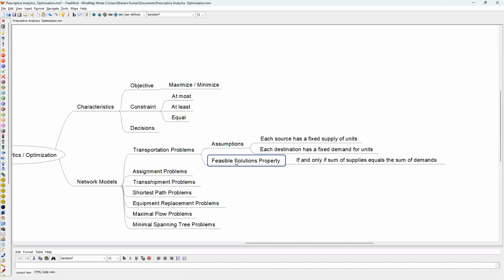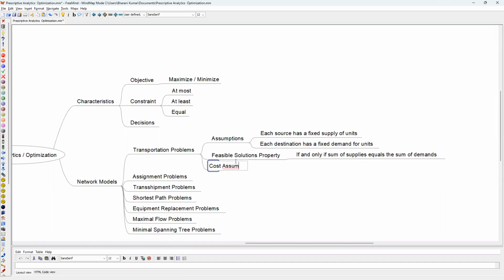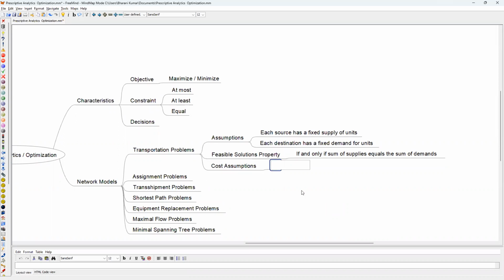And also we have certain cost assumptions. What are those cost assumptions? The cost of distributing the units from any particular source to any destination is directly proportional to the number of units distributed.